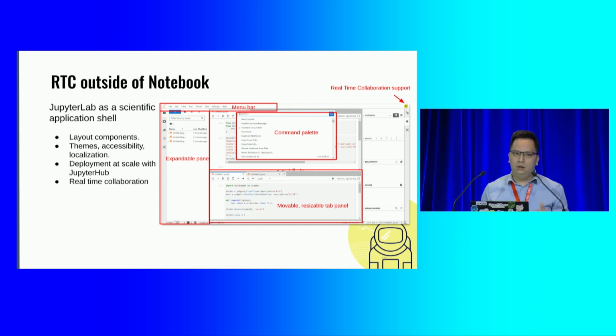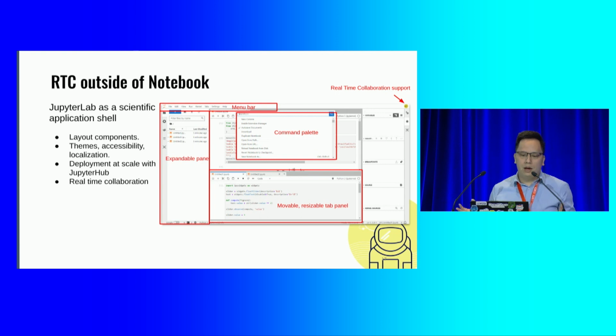So for me as an extension developer, when I look at JupyterLab, I can see it as a scientific application shell. Because JupyterLab proposes layout components. For example, we have menu bar, expandable panel, we have movable, resizable tab panel, command palette, and so on, which is very useful to build complex interface. And it supports also theme, accessibility, localization.